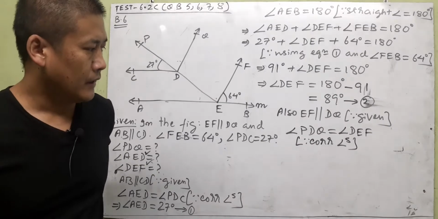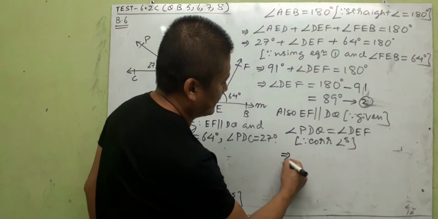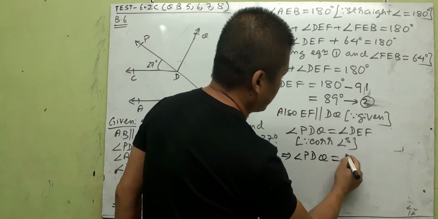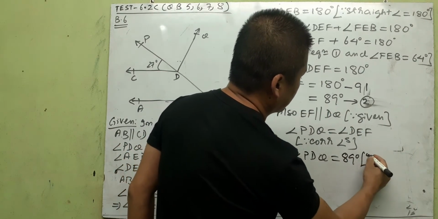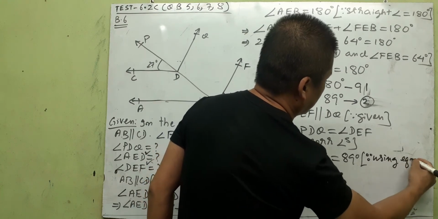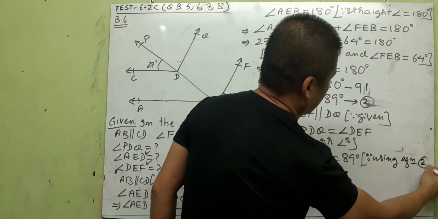So this is correct. Then we can write down angle PDQ equal to DEF. Just now you got 89 degrees, so you can write here, since using equation number 2.